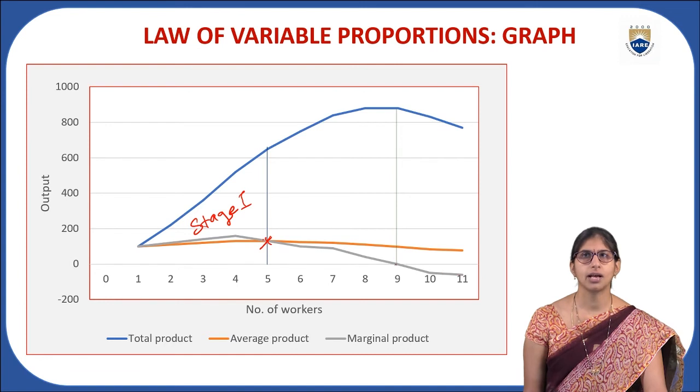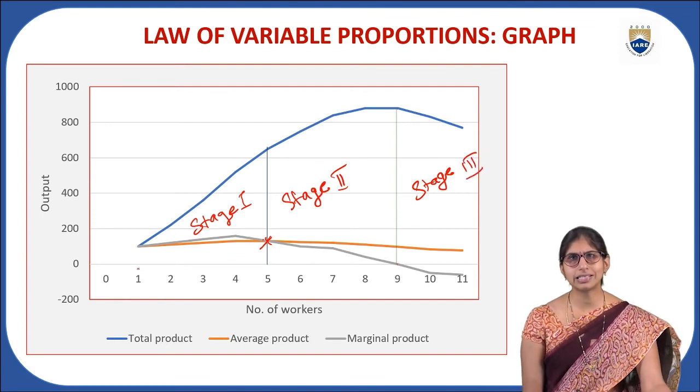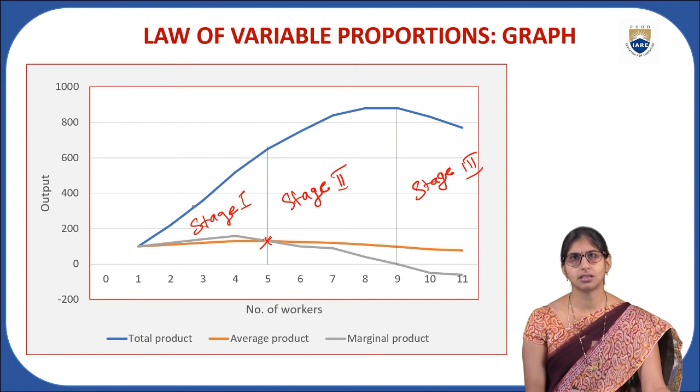From the point where the marginal product curve cuts the x-axis, we can also draw one more line which should touch the total product curve, so that it differentiates stage 2 and stage 3. So this is stage 3. Okay, so what are stage 1, stage 2 and stage 3?